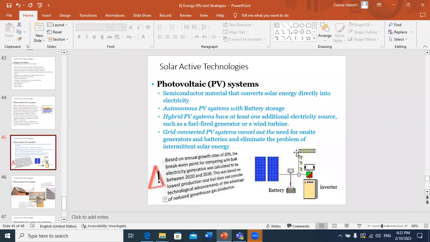Based on annual growth rates of 20%, the break-even point for competing with bulk electricity generation was calculated to be between 2020 and 2030. This was based on lowest production cost, but does not consider technological advancement or the advantage of reduced greenhouse gas production.